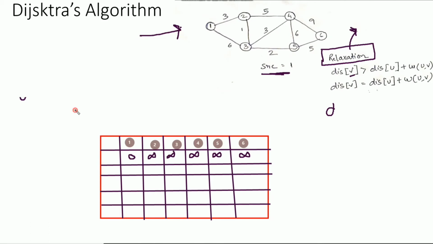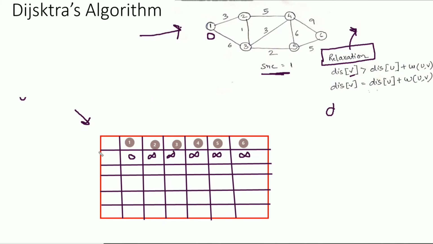Suppose this is the table which I have created. In the algorithm, this table is nothing but the priority queue or min heap data structure. For the source vertex I have initialized value 0. It means the distance of vertex 1, the source vertex, to itself is 0, and all other vertices I have initialized to infinity.